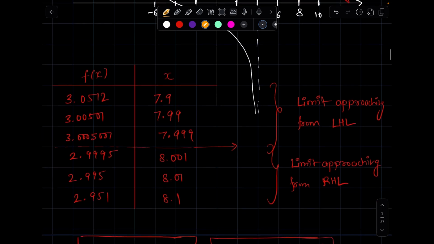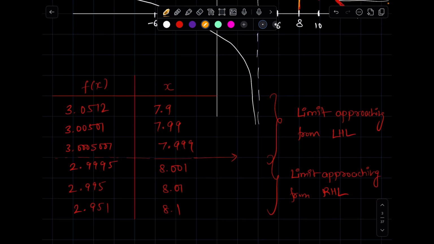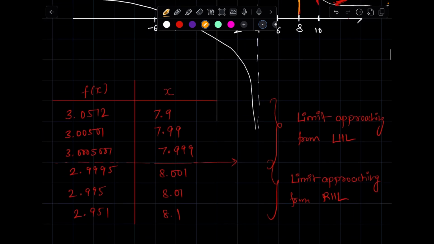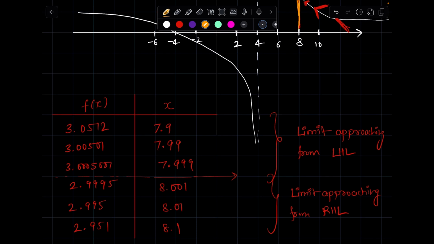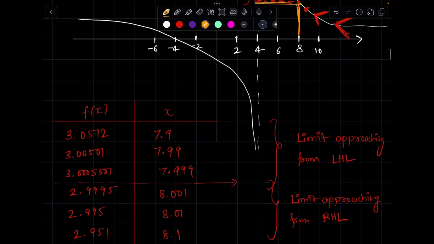So what you can do is you can make a table. You can say that, okay, I'm going to input 7.9. So your 7.9 is going to be somewhere around here. 7.99 and 7.999, and you're basically going closer and closer to 8.